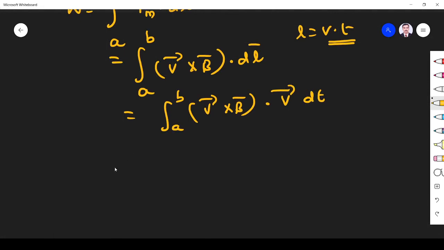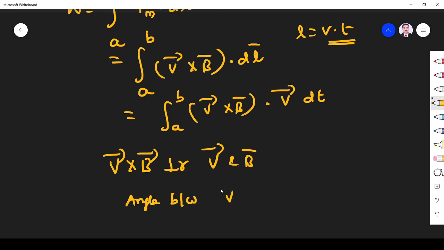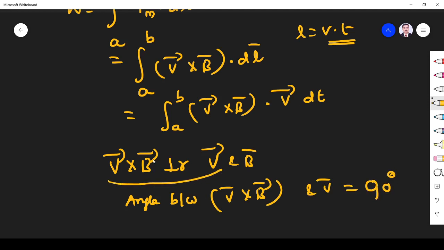So you see, we know that V cross B, that is force, is perpendicular to V, velocity, and B. So what is the angle between V cross B and V? 90 degree. Because perpendicular. V cross B is nothing but our force. Force will be perpendicular to the speed or velocity. So the angle between V cross B and V is 90 degree.